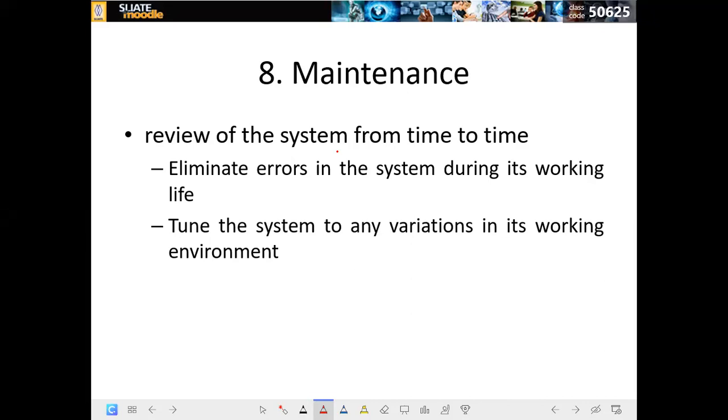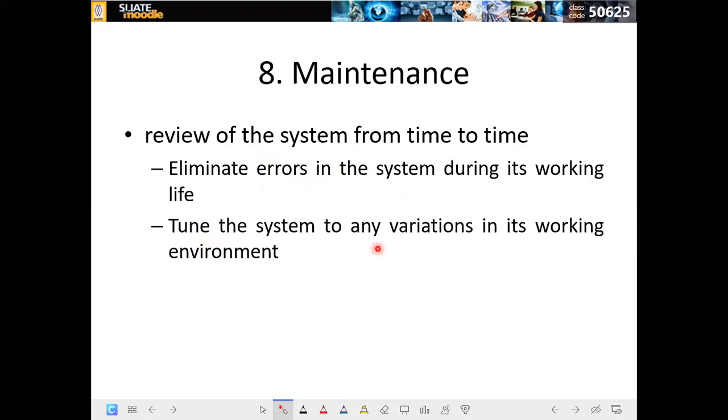That's why the maintenance stage is there. It says review the system from time to time. Eliminate errors in the system during its working life, right? Once the system starts to work, there may be some errors. Technical errors may be there, definitely, or user errors may be there. So you have to handle that, right? You have to maintain the system.